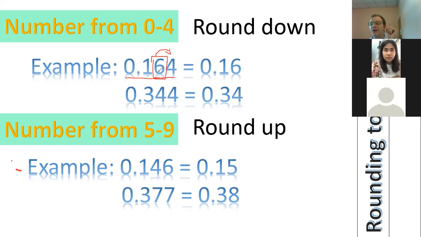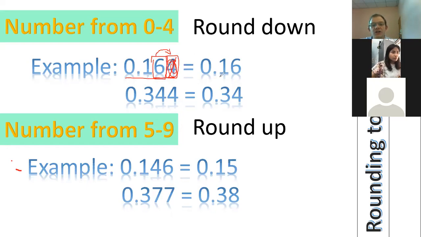So if you look at the number 4, from 0 to 4, the rule is we go down. The 4 at the last part here is less than 5. So if it's less than 5, we go down. So this 4 becomes a 0 and it falls away.